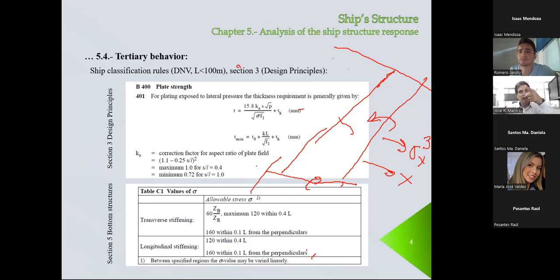If this is very large, it's not going to be added directly to sigma x because they are orthogonal. In this case, the tertiary stress is going to act in the x direction, and in the same direction acts the primary stress. So the two combine directly. That's why the allowable stress for the tertiary case, from classification rules, has to be reduced.